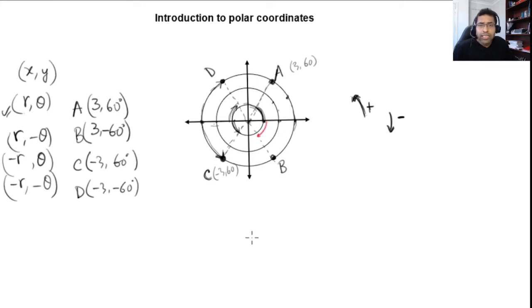Now, you might say that the same point we can represent in four different ways. So let's say I can just draw it.